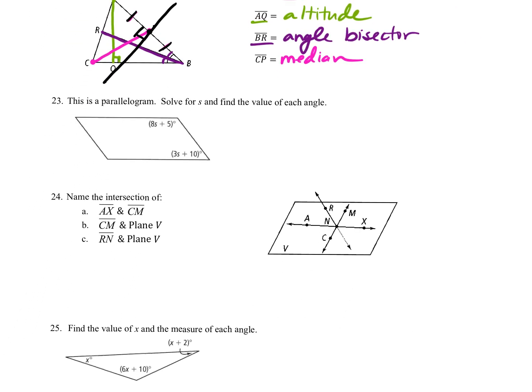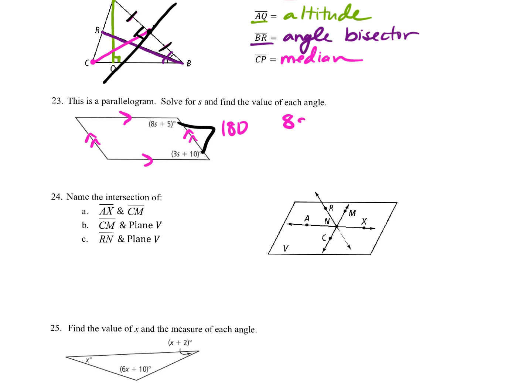All right, 23. It says this is a parallelogram. Solve for S and find the value of each angle. So in order to solve for S, you have to think about what we know about these two angles. Those are consecutive angles in a parallelogram, which means those are same side interiors, so they are supplementary.